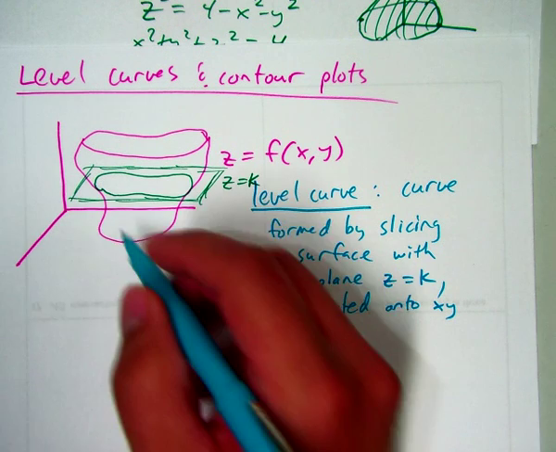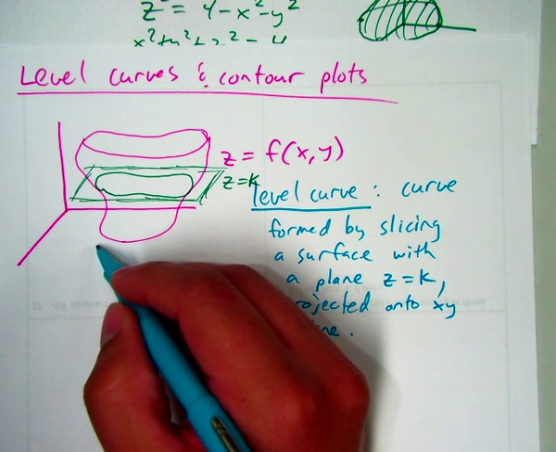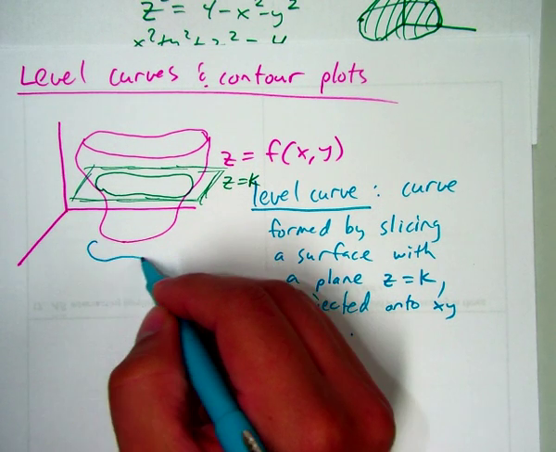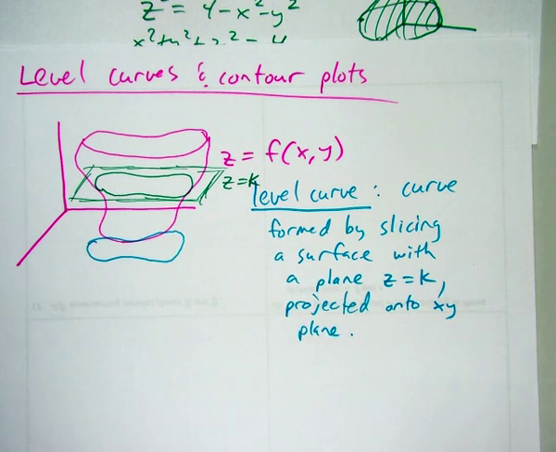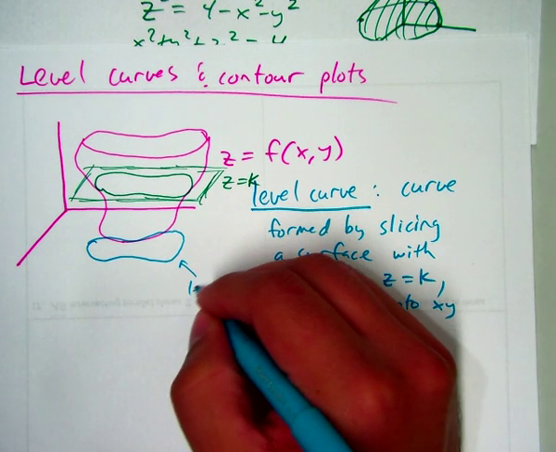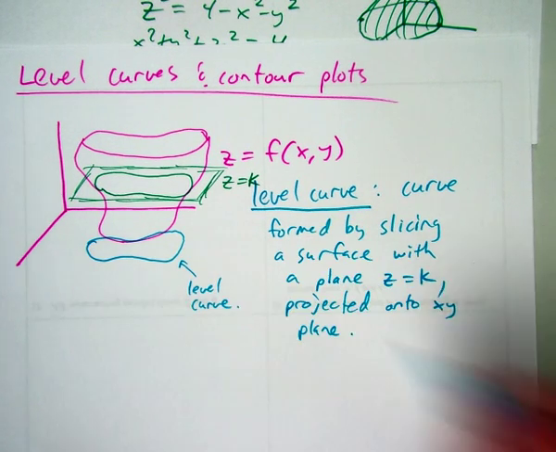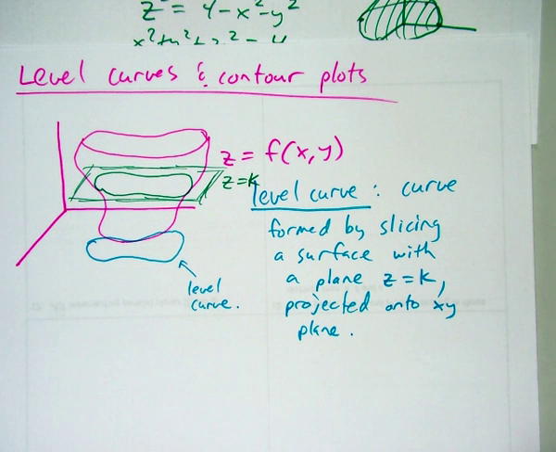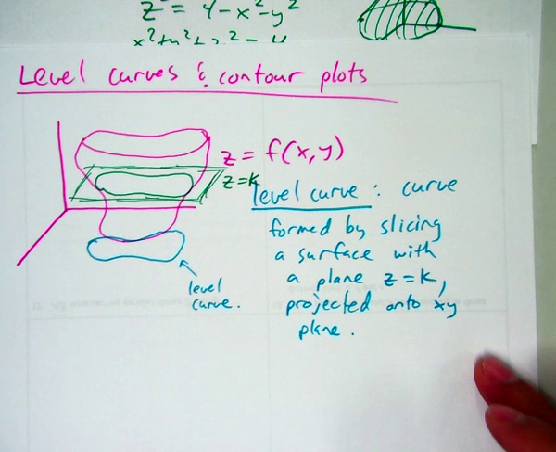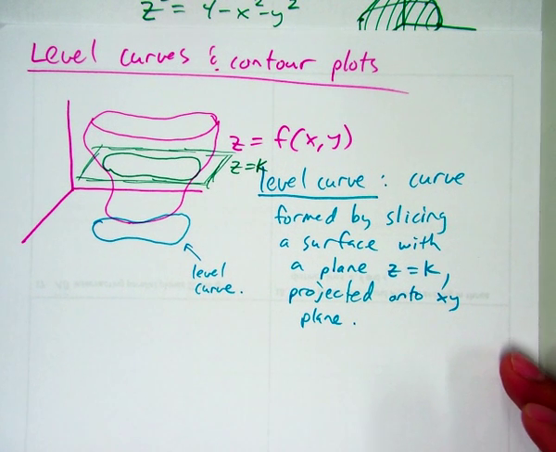So then all we would do is literally map this straight onto the xy plane, and now this is a level curve. Yep, that's exactly right. Any questions on what a level curve is? Okay.